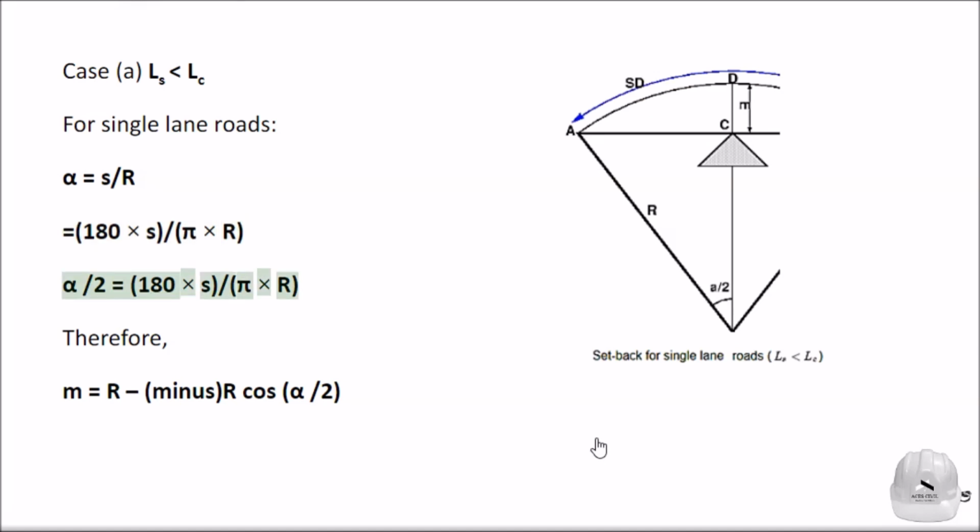Alpha/2 equals 180 times S/(2 pi R). Therefore, m equals R minus R cos(alpha/2).